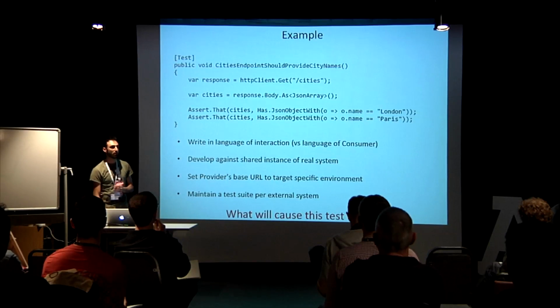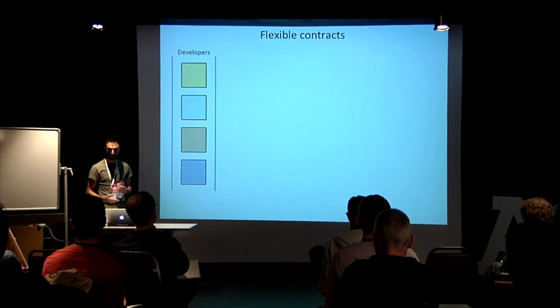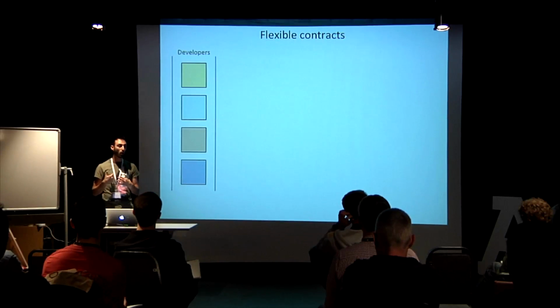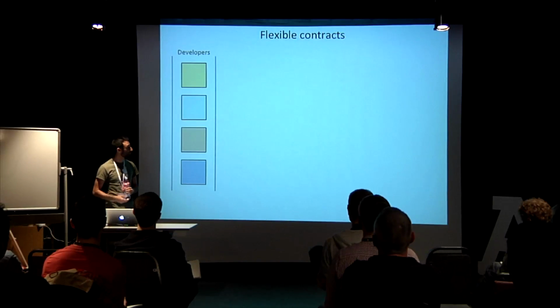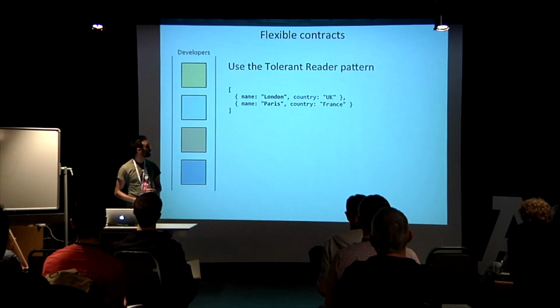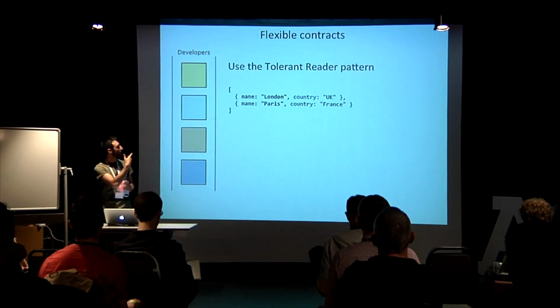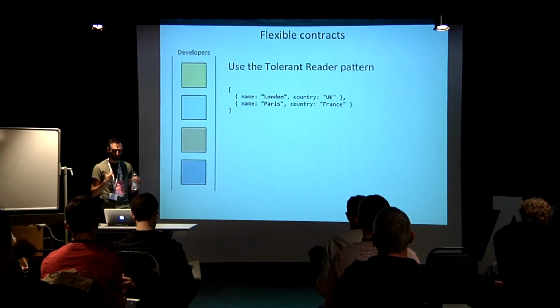So when you integrate with external systems, there are some things you can do that will help you maintain a sort of flexible contract or a weakly coupled integration with that external system. So the first one is a pattern called the tolerant reader. In this example, you can see that we care about the name property, but we don't care about the country.